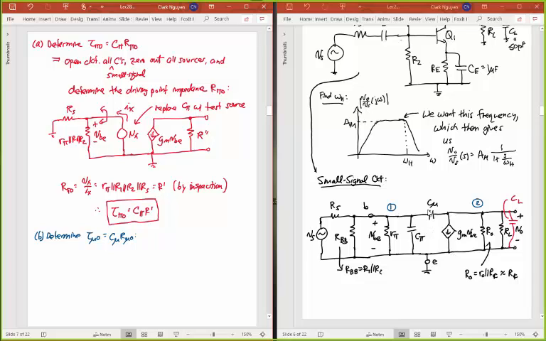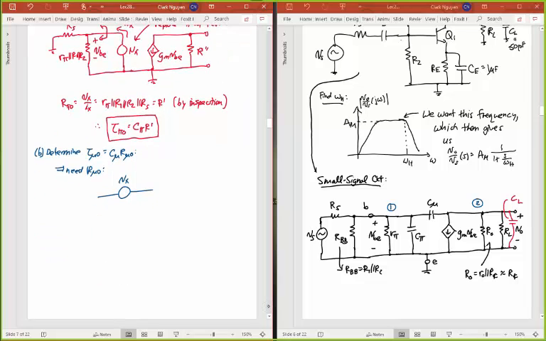Okay, so if I go ahead and do that and I replace C mu by a test voltage source, then my circuit looks something like this. Well, first we need R mu naught, and so we're going to get it by drawing that circuit. So here's my test voltage source, Vx. That takes the place where C mu used to be on this side here. And so drawing the rest of the circuit here, I have an R pi still there.